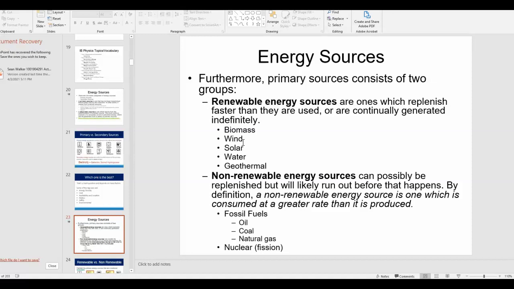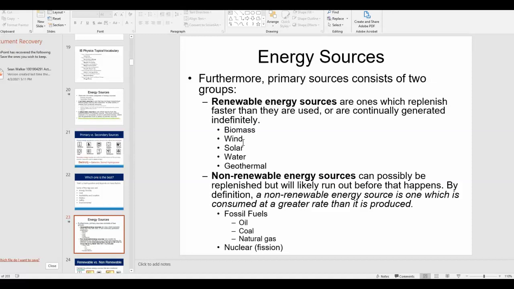Geothermal, when people talk about geothermal, they're talking about heat coming from inside the earth. And what they're actually talking about is inside in the mantle, there's a lot of radioactive elements, and those radioactive elements give off heat. And so that heat is what we refer to as geothermal energy. Solar energy we'll talk about later in this unit.